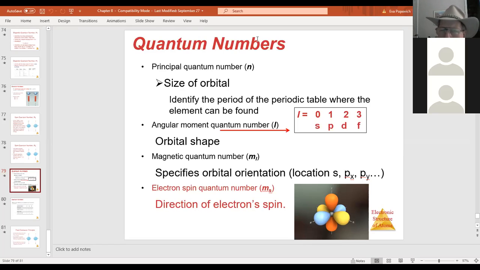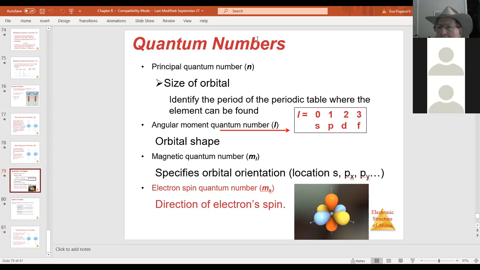The M sub L deals with orientation. For example, it doesn't matter with the s because there's only one suborbital. But with the p, that p orbital can be located along the x-axis, the y-axis, or the z-axis. So it depends upon the suborbital you're putting it in what the value of M sub L can be.